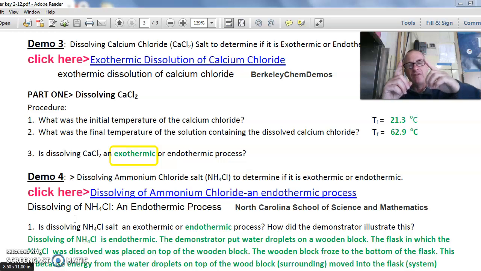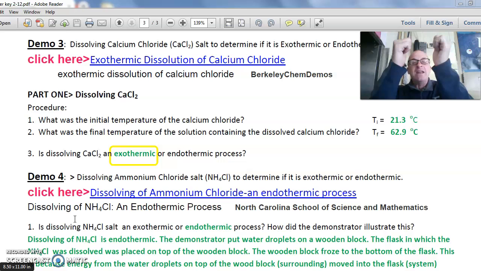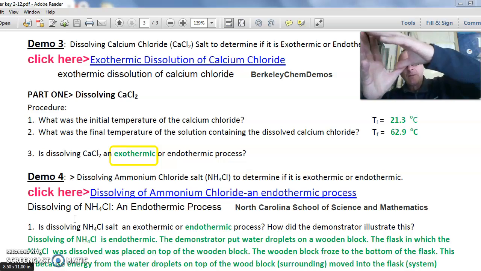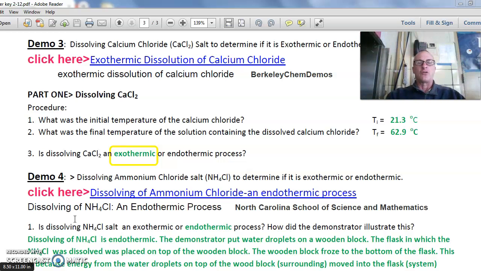So the partially positive hydrogens act like pinchers. They grab onto a negative ion, the anion in the salt, and pull it out. The oxygen on a water molecule is partially negative, so it pulls on a positive ion in the salt crystal. Water tries to pull the salt apart, but that takes energy.